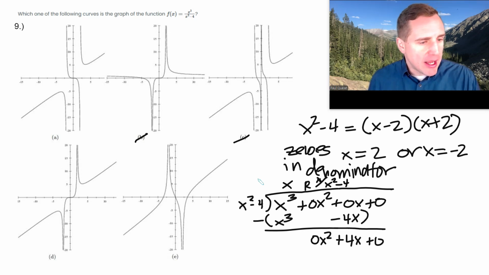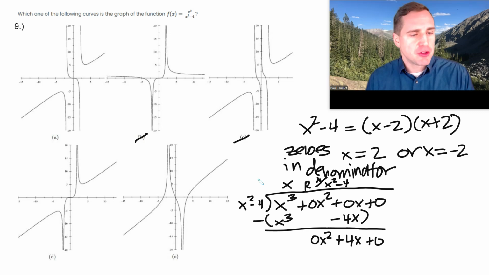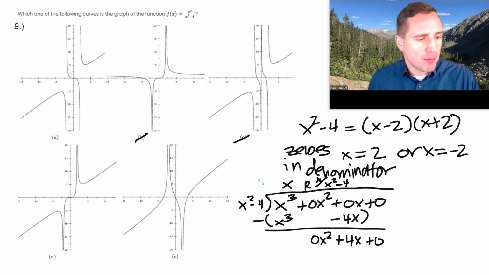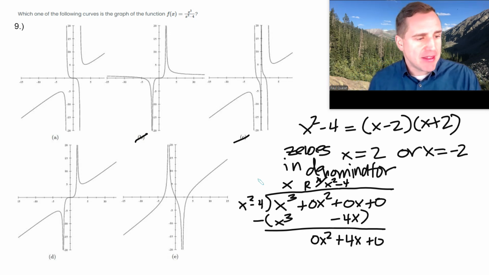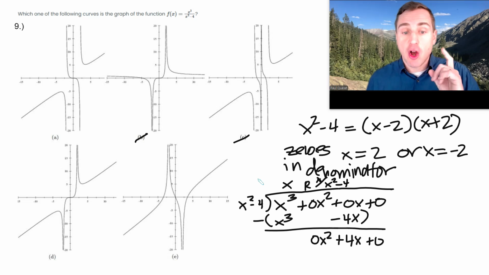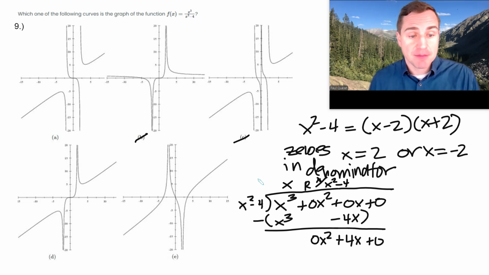Notice it looks like D, E, and A all have possibilities for slant asymptotes, but we need to understand how this middle portion of the graph looks. Well, in order to understand that, what we probably want to do is also find some x and y intercepts. So for the y-intercept, we let x equal 0.